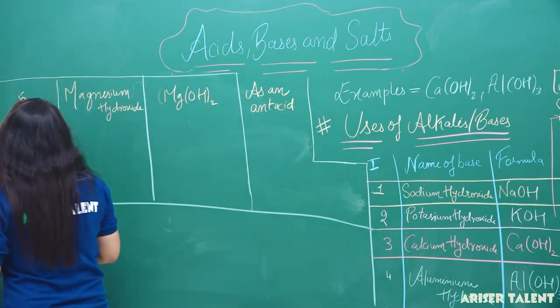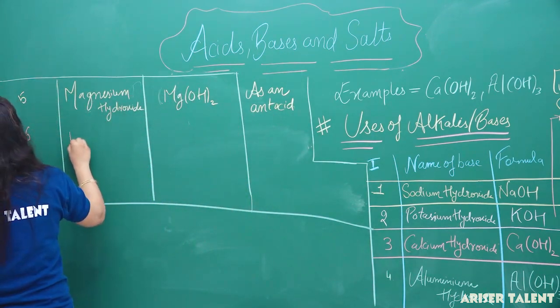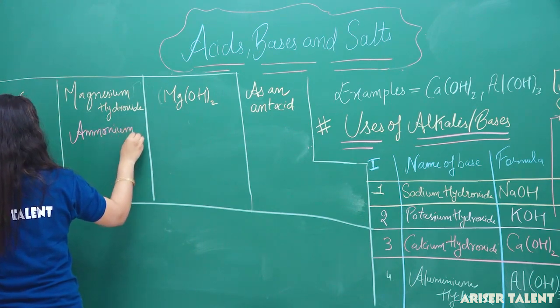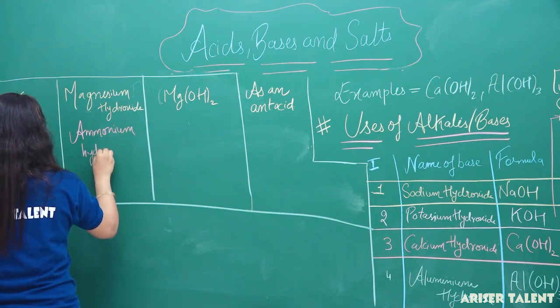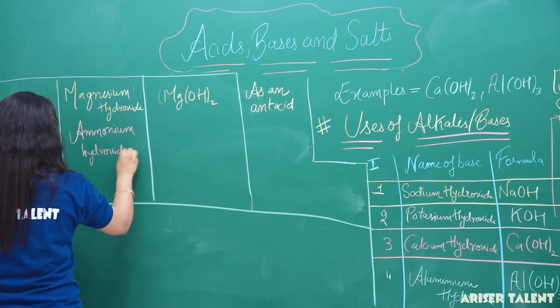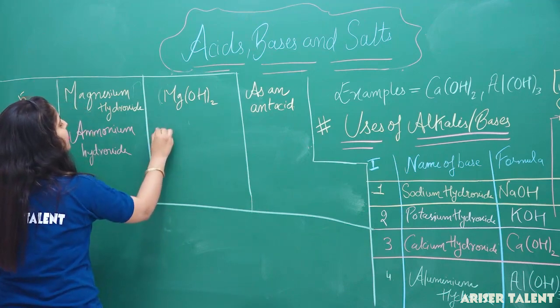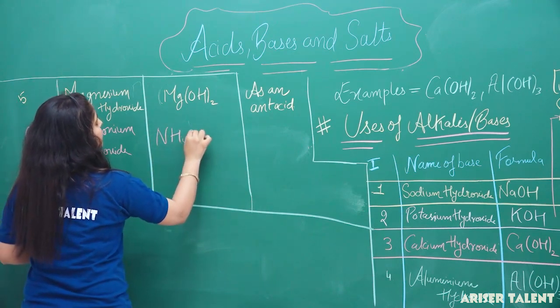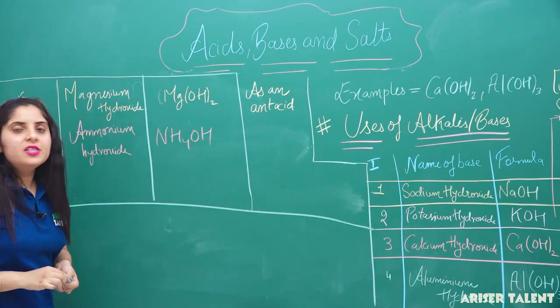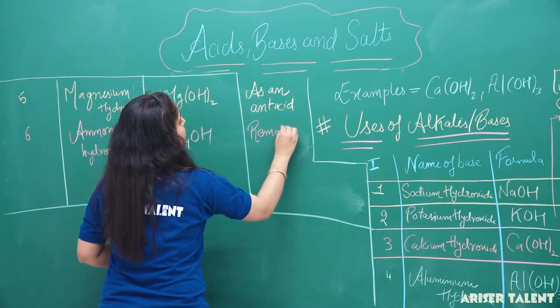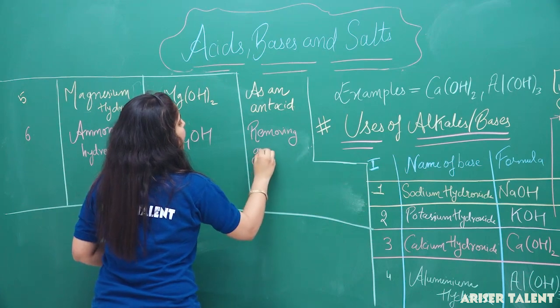Now we have our sixth base, that is ammonium hydroxide. Ammonium hydroxide has the general formula NH4OH and it is used for removing grease or paints.